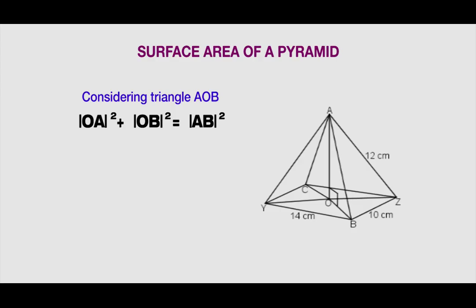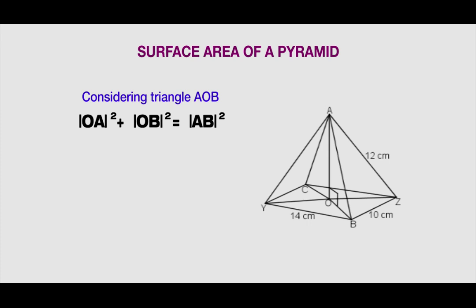We can now apply the Pythagoras theorem to find the height OA. By the Pythagoras theorem and from the triangle, the length OA squared plus the length OB squared equals the length AB squared.